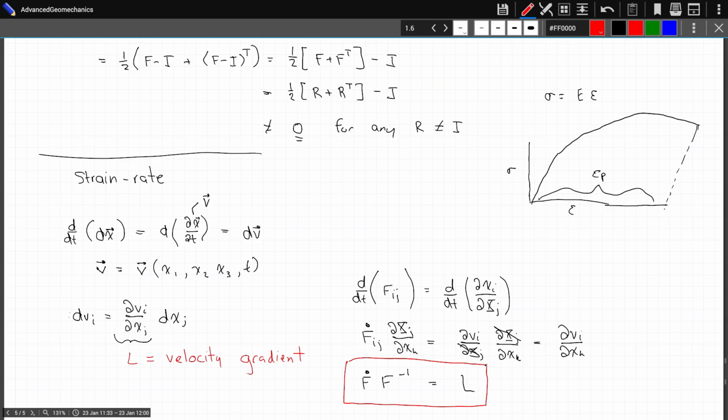Yeah. I have a question regarding the time derivative of the velocity gradient. This thing? Yes. So all I did was, in differentiation, you can swap the order, right? I just moved the d/dt in. You can imagine I wrote it like this. I just switched the order of differentiation. This is velocity.